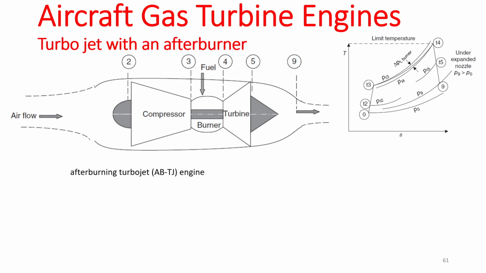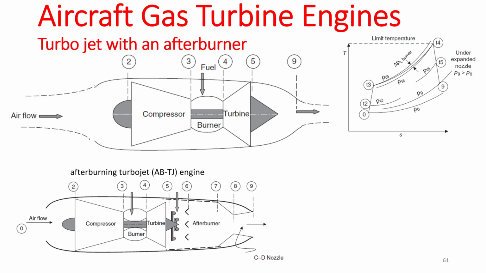This is not an ideal T-S diagram anymore, because we have the entropy increase at every stage. And depending on your nozzle condition, you can have an under expanded nozzle, over expanded nozzle, or perfectly expanded nozzle.